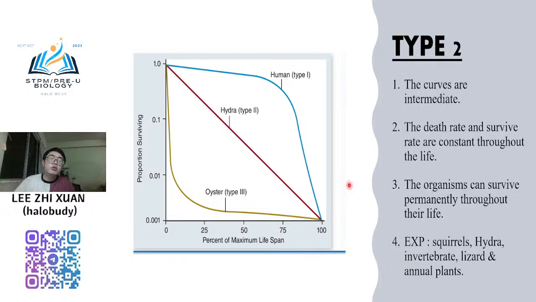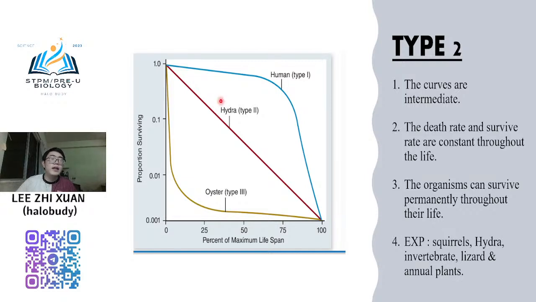Another one, type 2. For type 2, you see that this is a straight line. Examples are hydra, squirrel, invertebrate organisms, lizard, and annual plants. So what are the characteristics? You see that the survival rate and death rate are constant.